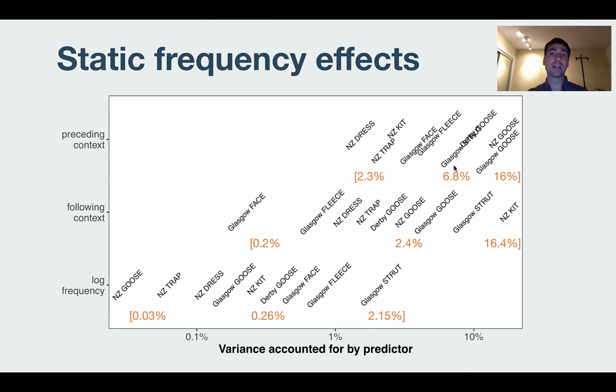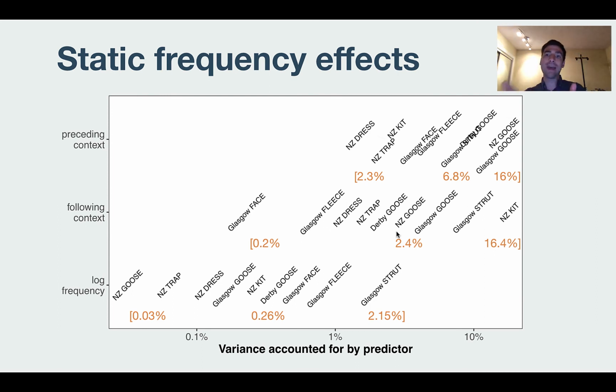If you look at preceding context and following context, they range between 2.3% to 16% with a median of 6.8% for preceding context, and between 0.2% to 16.4% with a median of 2.4% for following context.